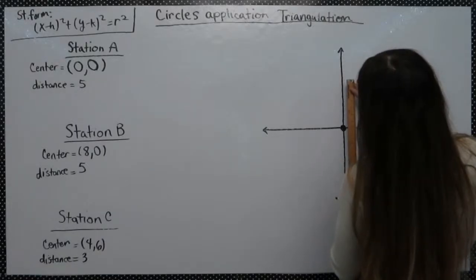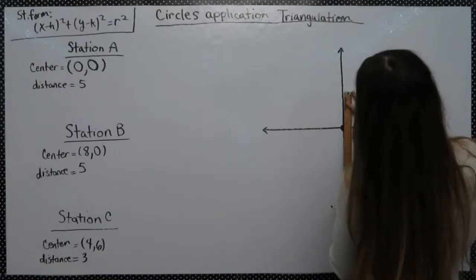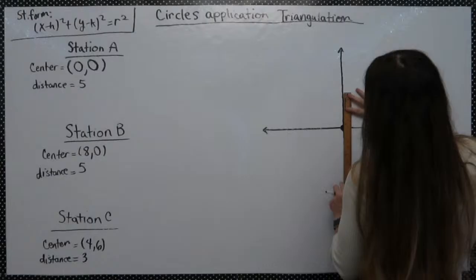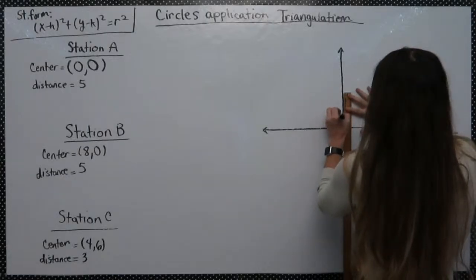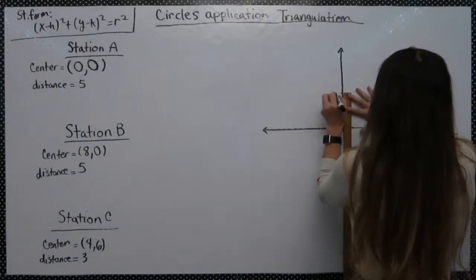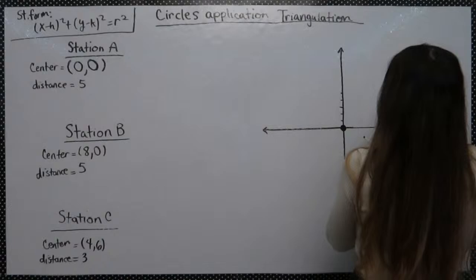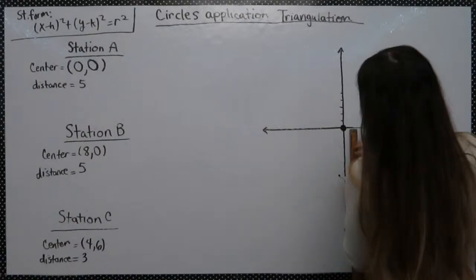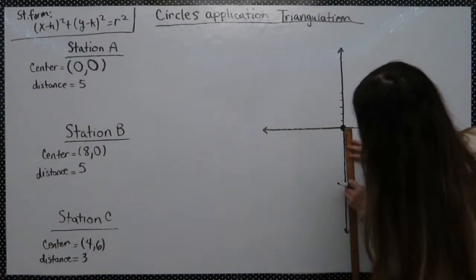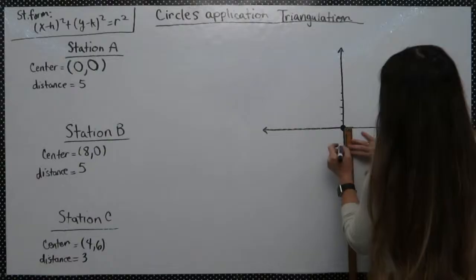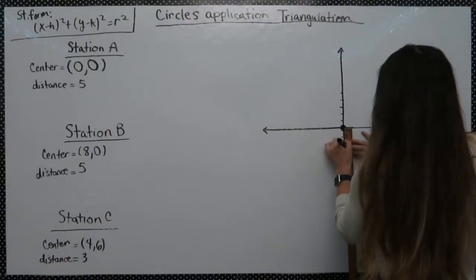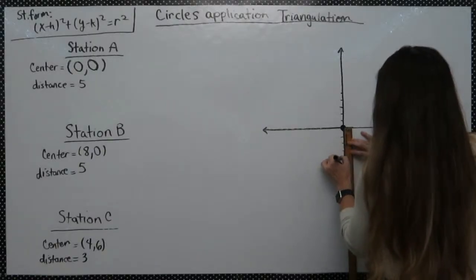So we're going to go out a distance of 5 from that center. We'll say 1, 2, 3, 4, 5. We're going to go out a distance of 5 here. 1, 2, 3, 4.